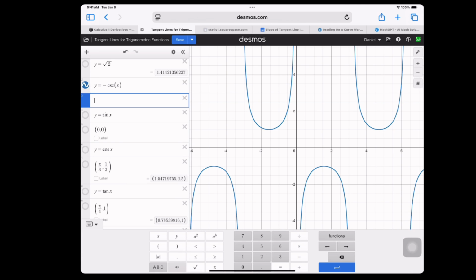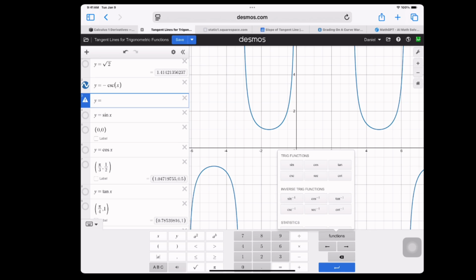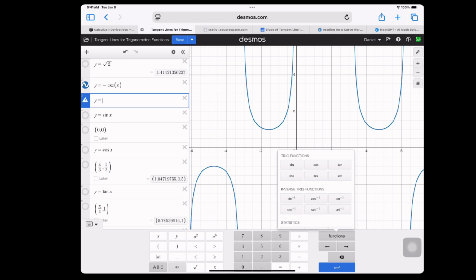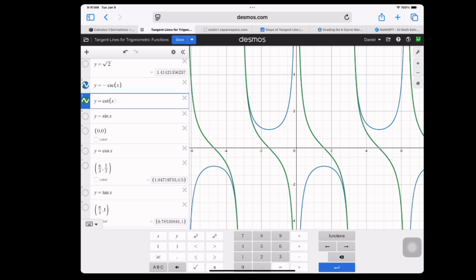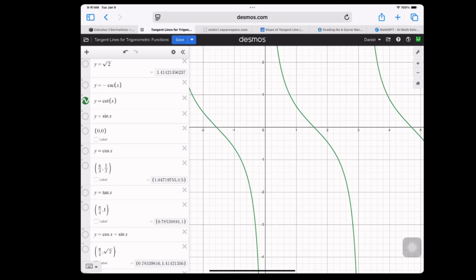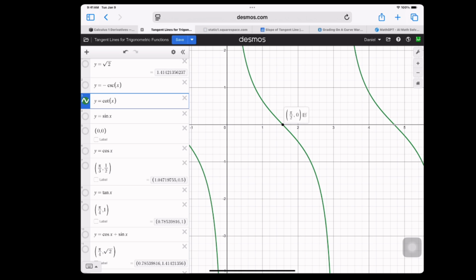But what do you guys know about cotangent? Yes, there is a 0. There's an intercept. Now, how would you know where that is? Because you remember how to graph cotangent. I could go back with the graph of cotangent, but I can show you again, cotangent is 0 at pi over 2.